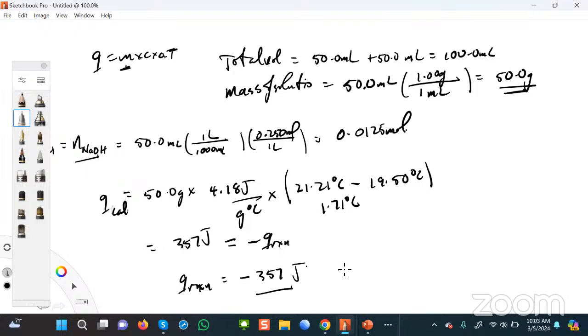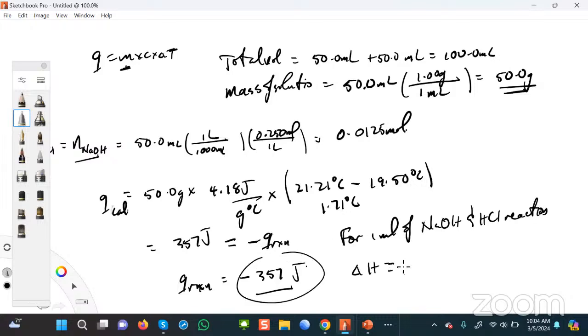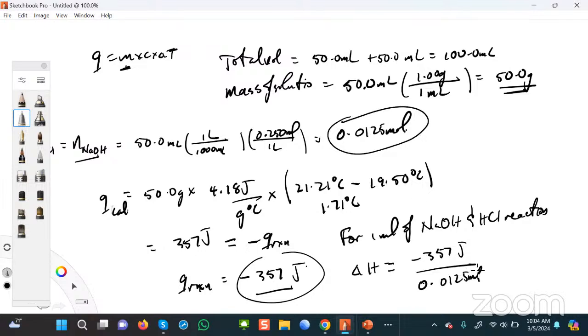So for 1 mole of NaOH and HCl reacting, delta H would be equal to this value here, which is minus 357 joules, divided by the mole value that we calculated right here. So 0.0125 moles.